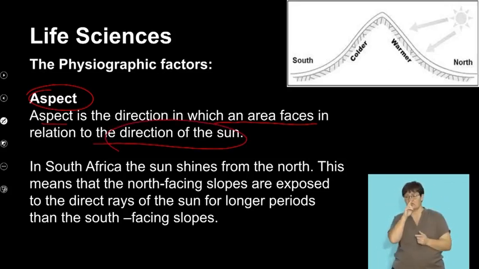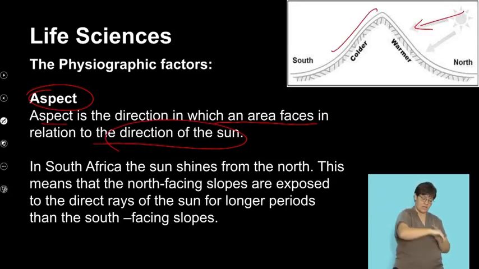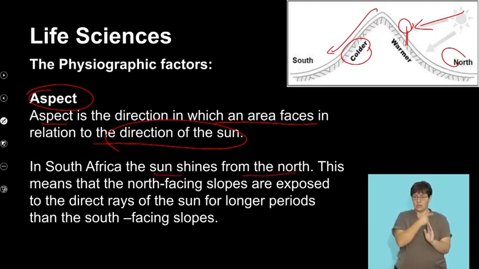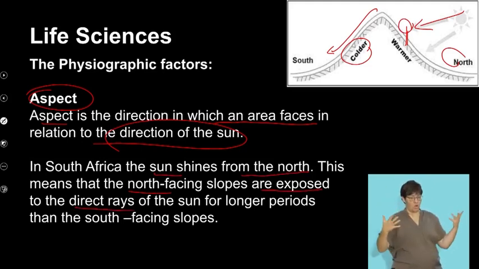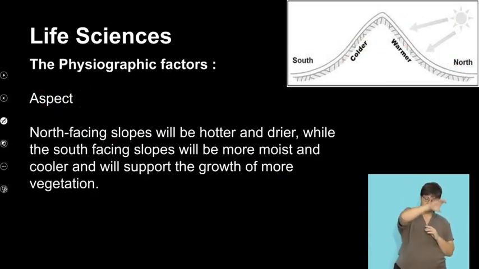If you look at this illustration, you'll find that when we have the sun coming in from the northern hemisphere, the slopes on the southern side are much cooler than the slopes on the northern side. So we would find the growth of plants very different in this region compared to the south-facing slopes. In South Africa, the sun shines from the north, and this means that the north-facing slopes are exposed to the direct rays of the sun for much longer periods during the day when compared to the south-facing slopes.